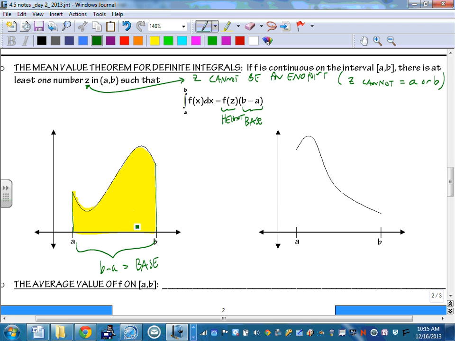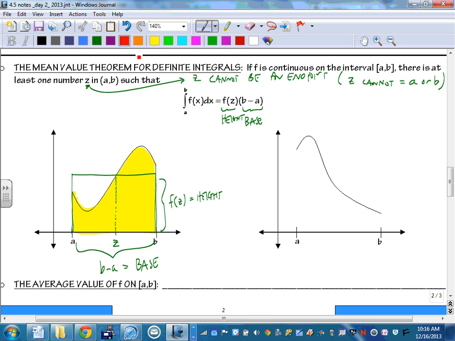So it's saying that there's somewhere in between a and b where there's going to be an x value z, and in this case it happens to be right in the middle. It doesn't always work out that way. But at that x value, if we use that as a height, this right here is f of z, that's our height. We create a rectangle with the same area as that area under the curve.